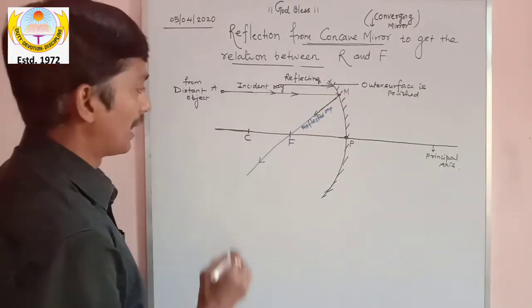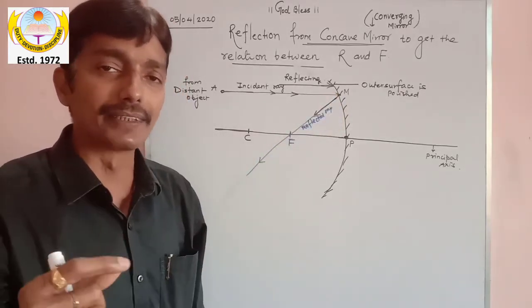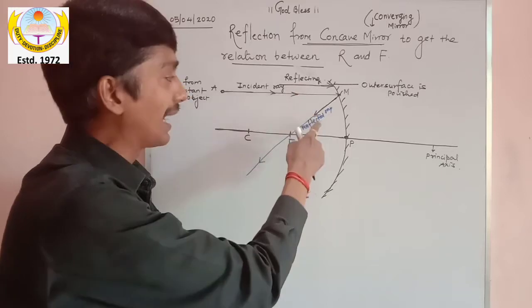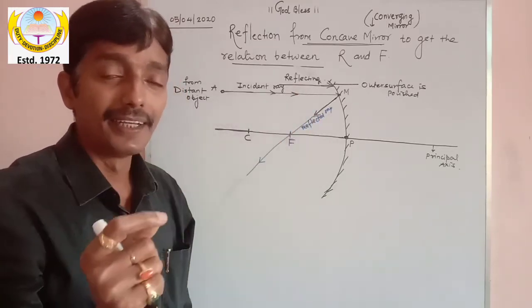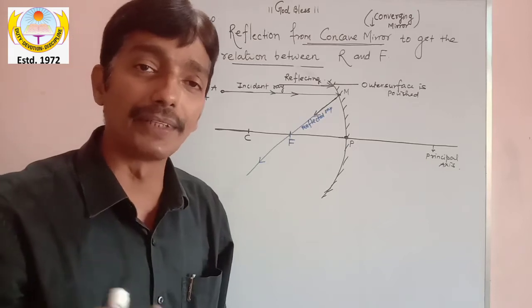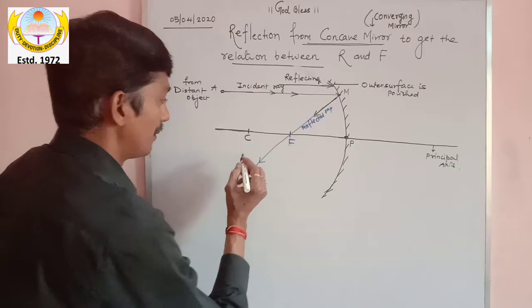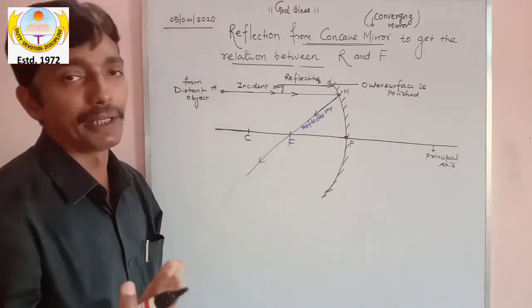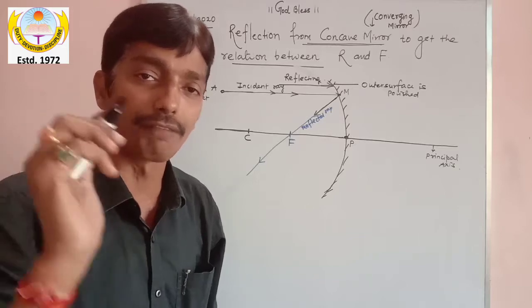Okay. Now, my dear, as I said, I need to mark the angle of incidence i with the incident ray and the angle of reflection with the reflected ray. But it is only the angle which is made with the normal and the ray. So what should I do? My dear, let us draw the normal. In my previous topic also I told you, any ray which passes through the center of curvature.